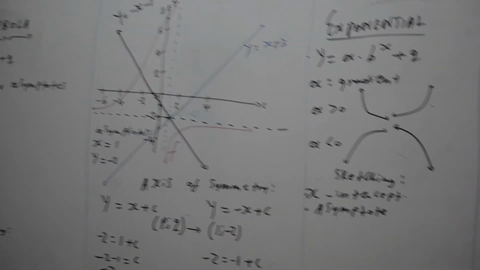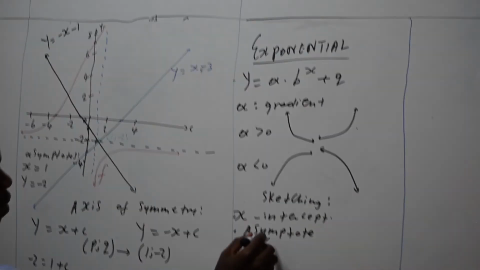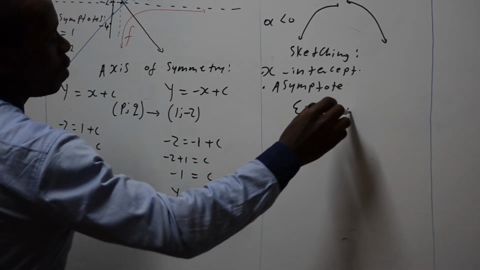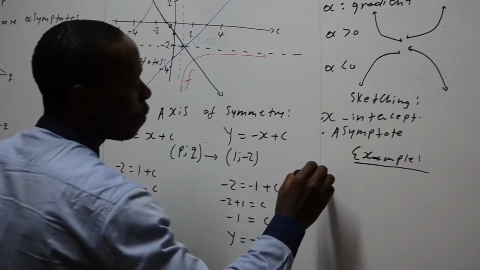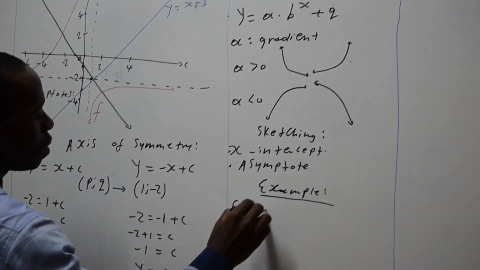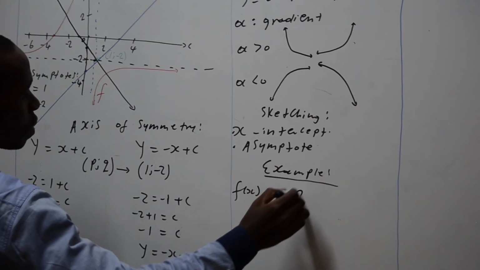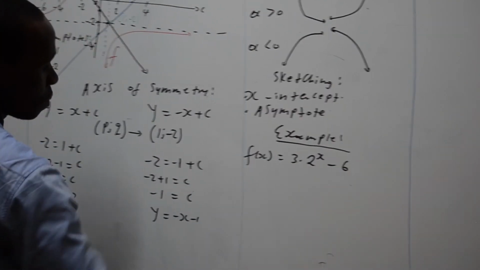So we can take any equation. Let's say for example we are to sketch the graph f of x is equal to 3 times 2 to the power x minus 6.